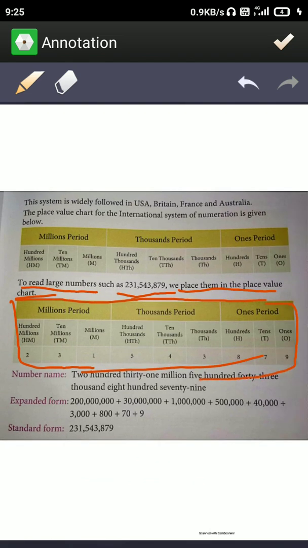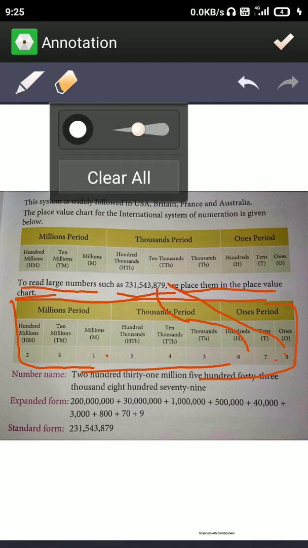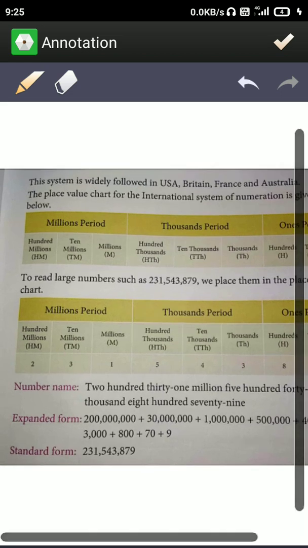See here, 9 is placed here, then 7, then 8, then 3 is placed here, 4, 5, 1, 2, 1, 3, 2. Okay, so we will read it together.